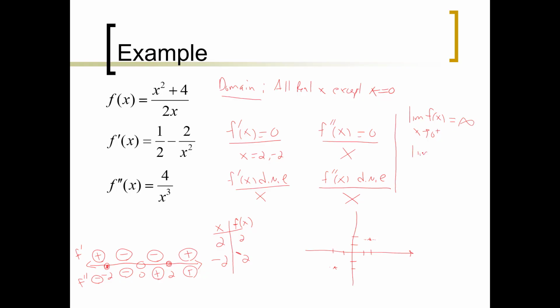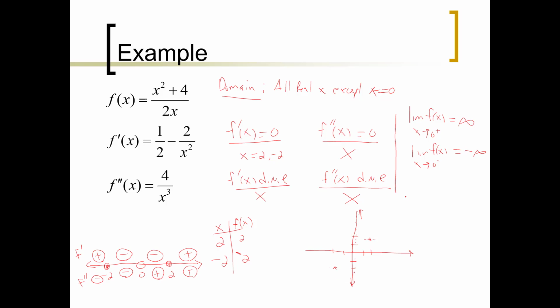As x approaches 0 from the left, for the same reasons, you'll get negative infinity. So at x equals 0, we have a vertical asymptote. Remember, I must go in this direction on this side and that direction on this side.